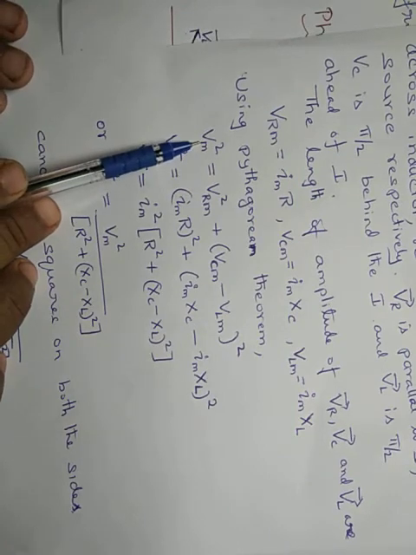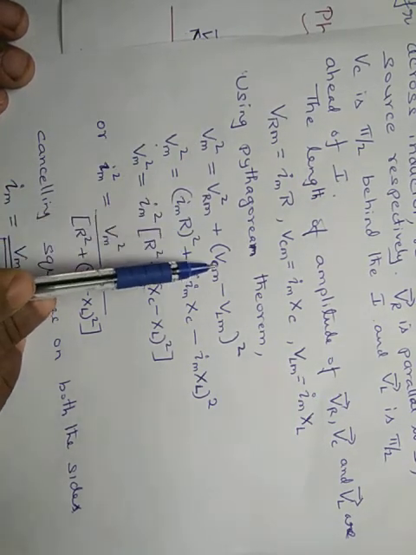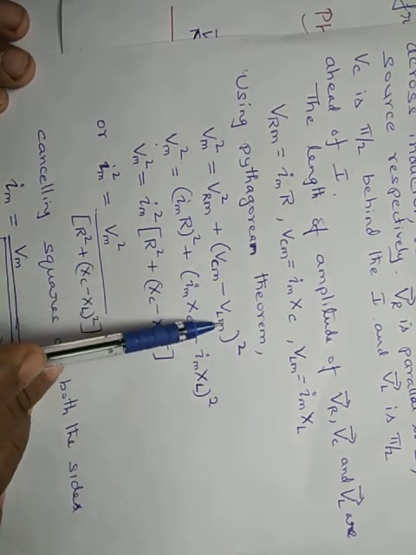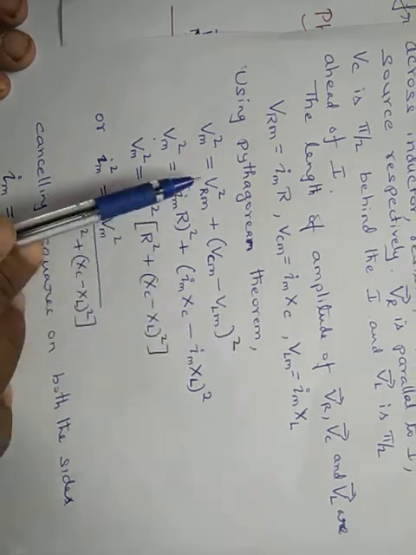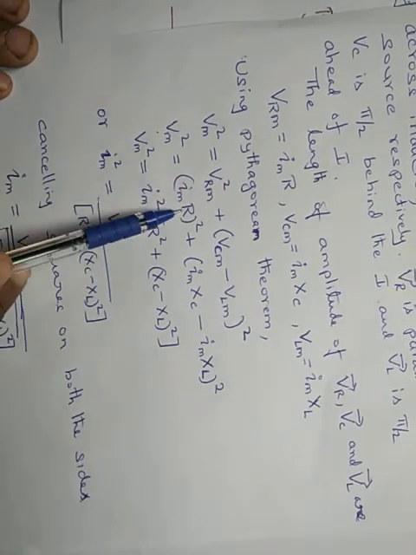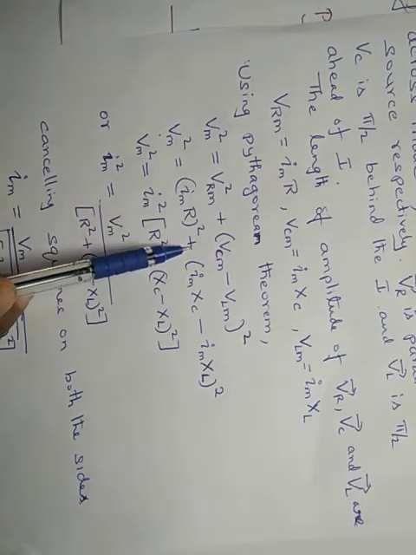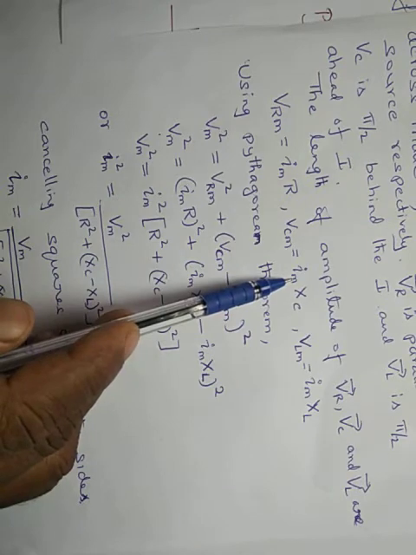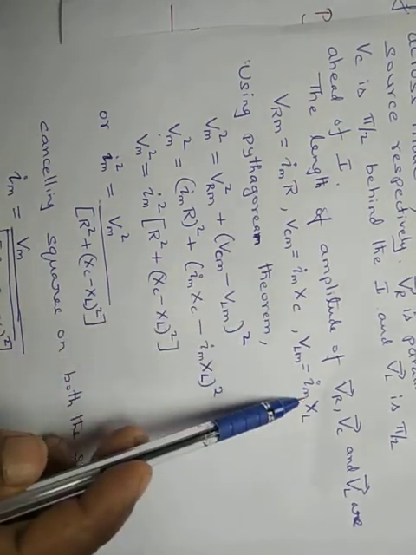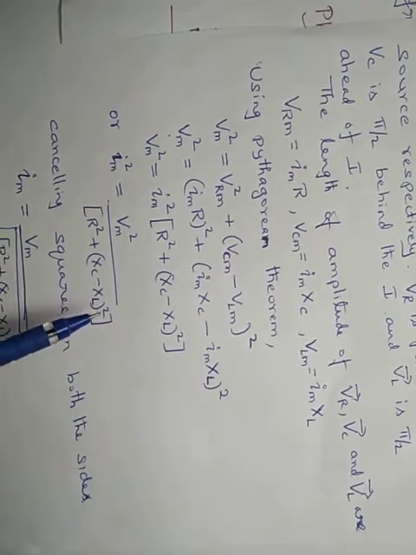Hypotenuse Vm square equals Vrm square plus the other side, Vcm minus Vlm whole square. What is Vrm? That is Im into R. So this becomes Im R whole square plus, Vcm is Im into Xc, minus Vlm, Im into XL, whole square.